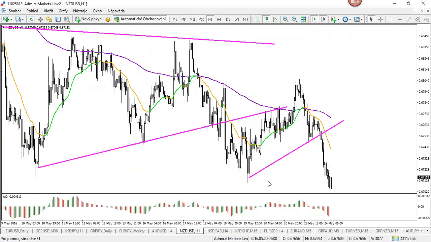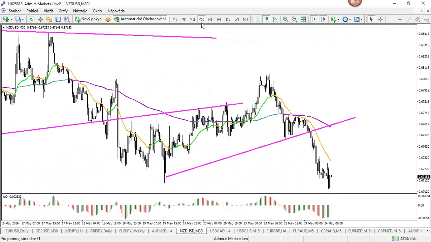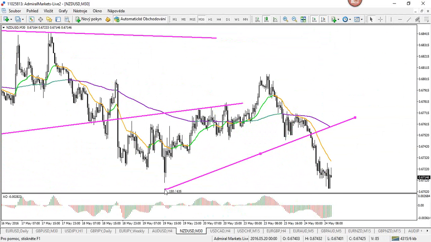All right, I would say this is a 30-minute trendline break.